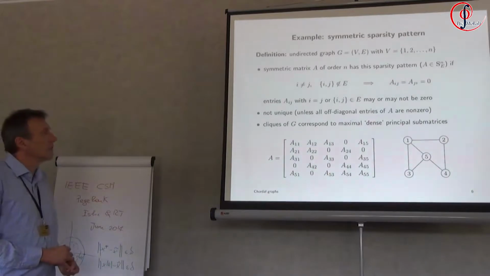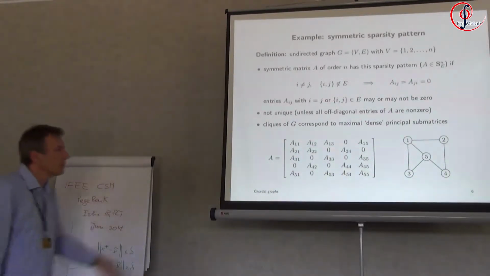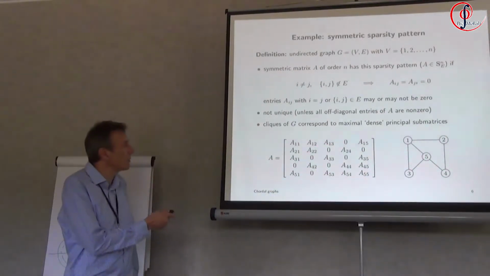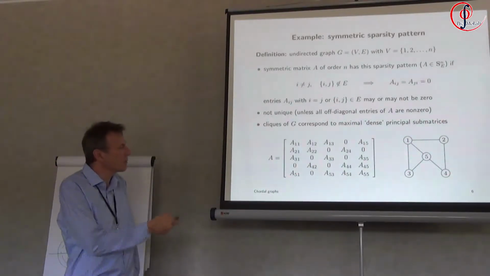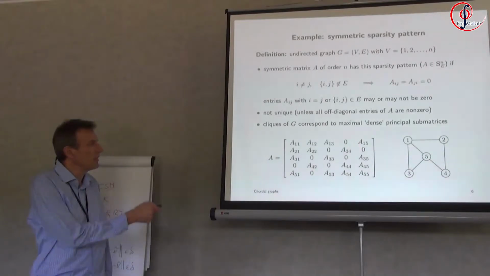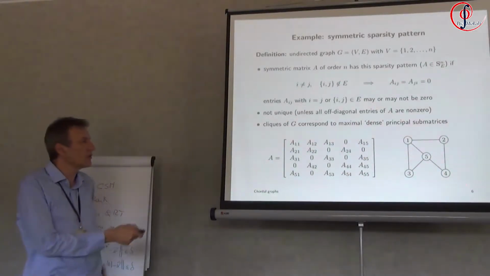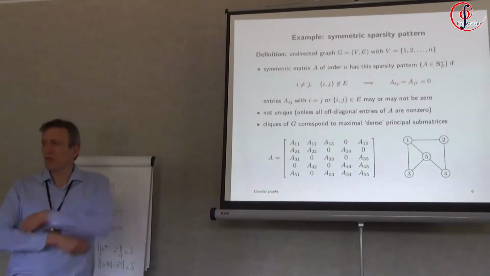That also means that a sparsity pattern is not unique. If a matrix has a certain sparsity pattern, for example, this matrix, because in position 4,1 there is no edge, so that entry is 0, then you can also add an edge in this pattern, and it's still a correct sparsity pattern for this same matrix, because it just says something about entries that have to be 0; the other entries may or may not be 0.